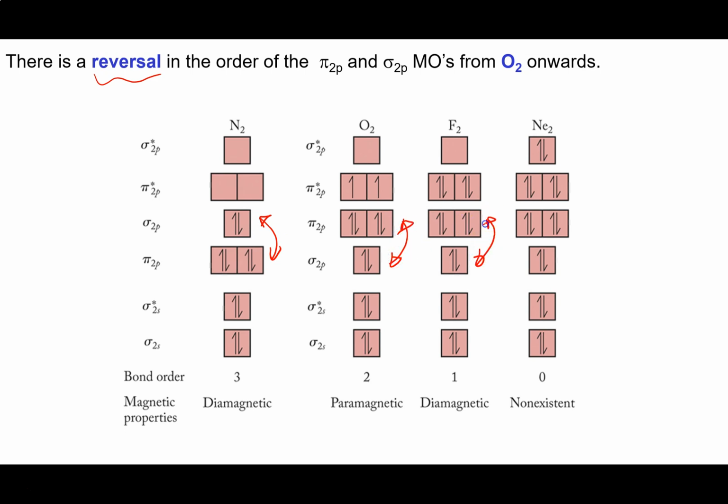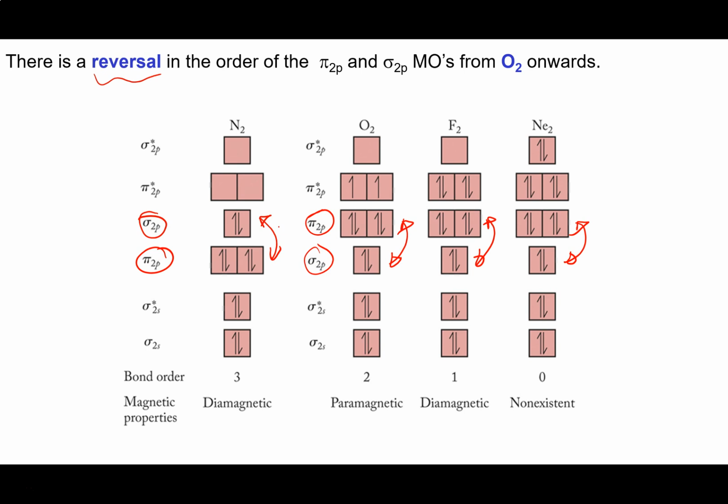Everything else is the same as what we saw for the first 3 members of the P block, but the order of MOs flips in here. So we just have to keep that in mind. But the same principle happens. So you can see that here, the pi 2p and the sigma 2p, they flip in there.